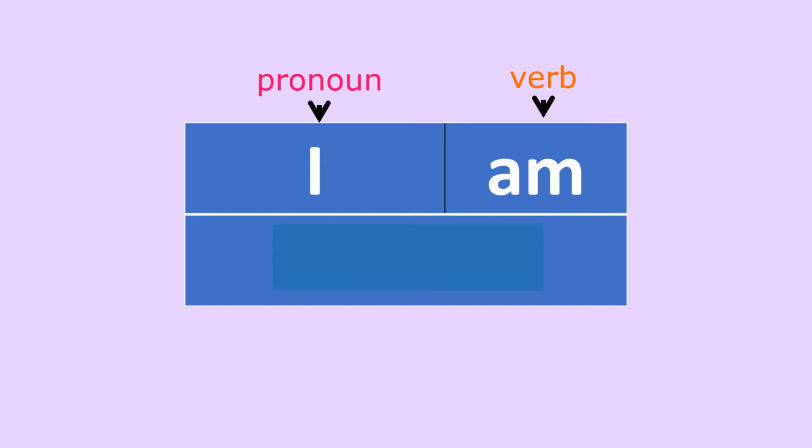The rule doesn't change. So we've got two words, and if we want to shorten it, we squash them together and we replace that a with an apostrophe. And instead of having I am, it becomes I'm.